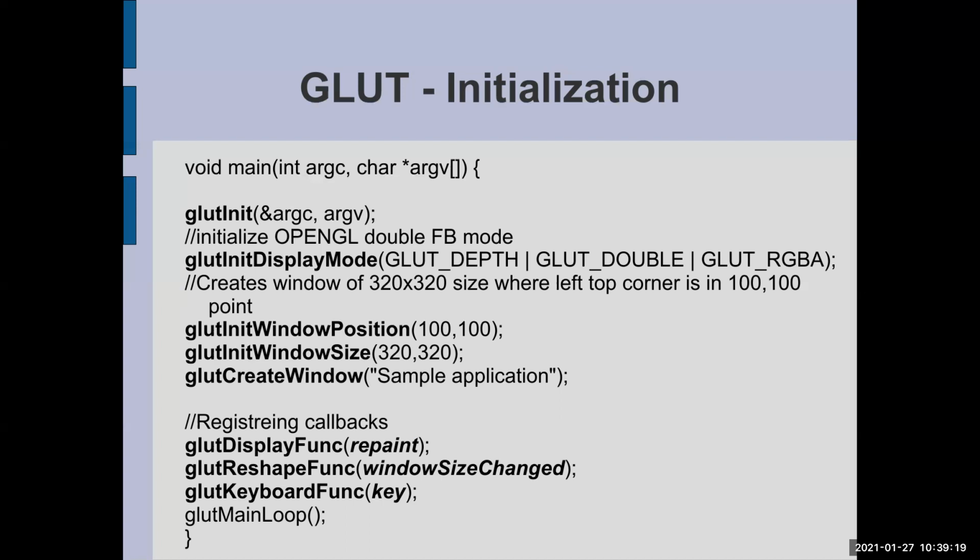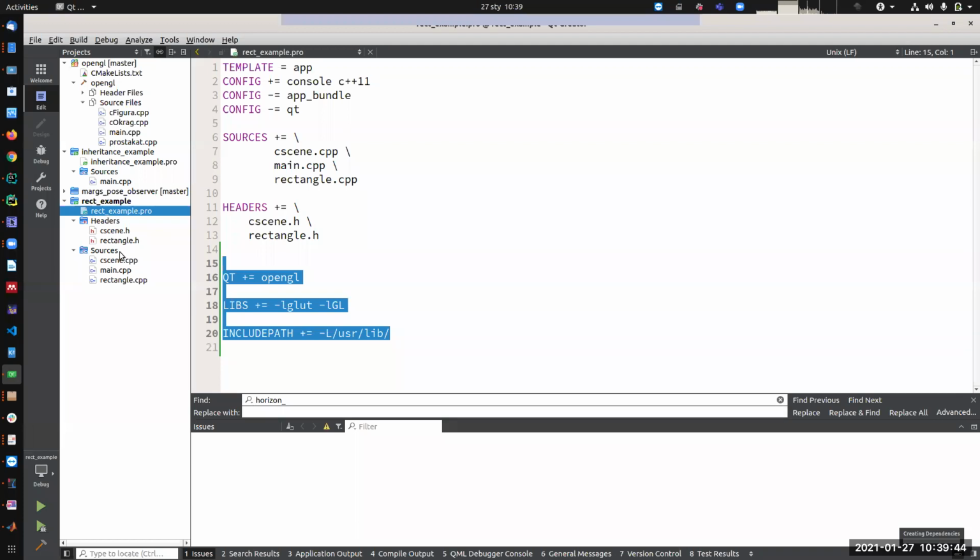We have a console, and in console we can only print characters. But for OpenGL, we have to create a new window. And finally, we have to register some callbacks. I will tell you something about callbacks later. And after that, we run something which is called a main loop. So let's try to do it.